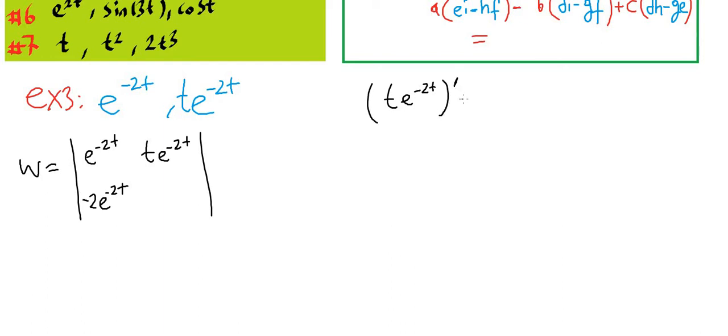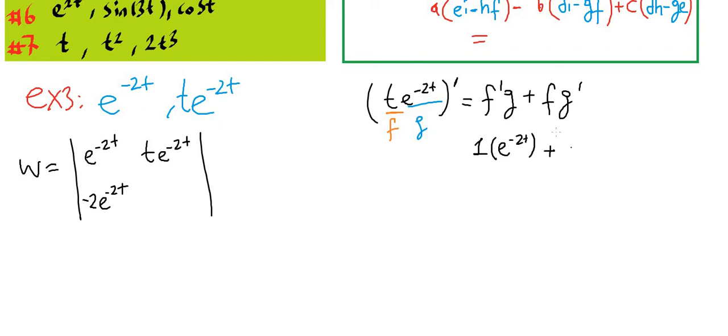is the product rule. So our t is f, our e to the negative 2t is our g, and the product rule is f prime times g plus f times g prime. So f prime is the derivative of t, which is 1, and g is e to the negative 2t, plus f is t, and g prime is the derivative of this, which is negative 2 e to the negative 2t.